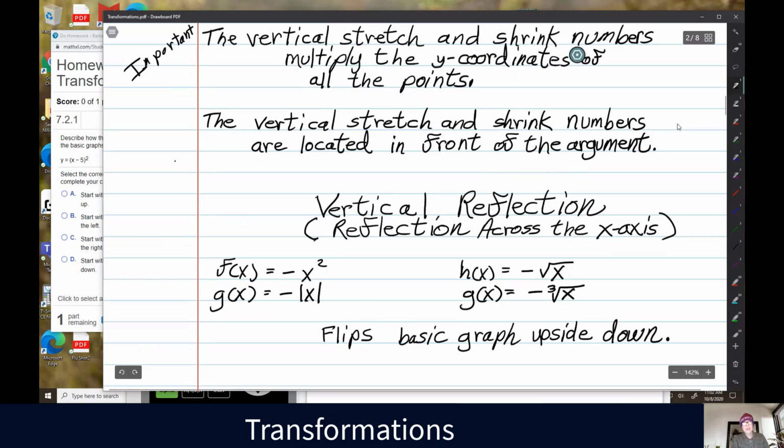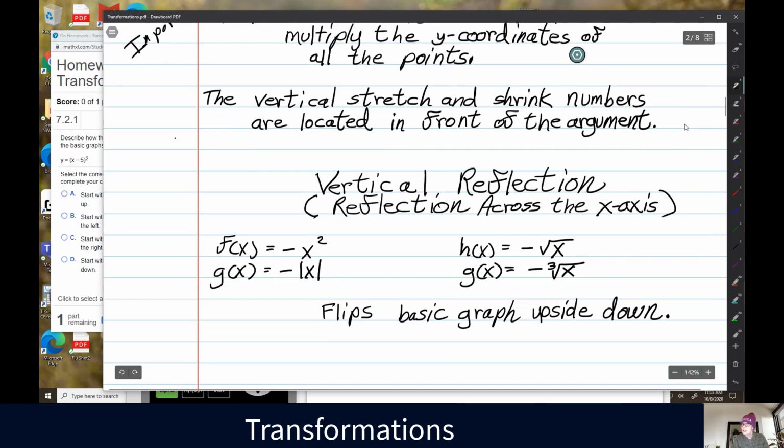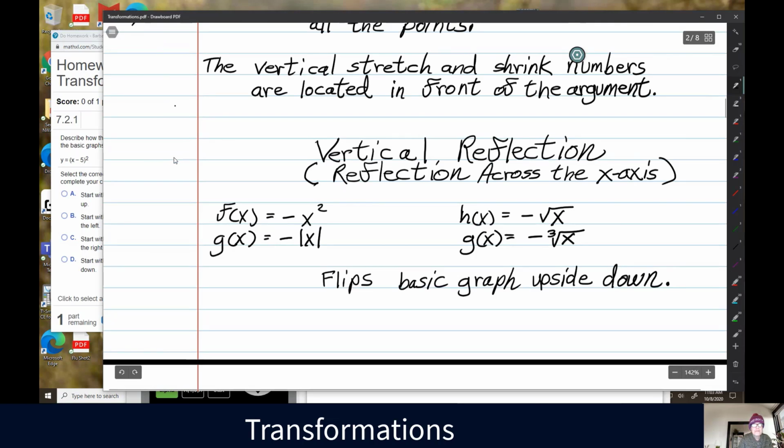Okay, now this to me is just great fun. The vertical reflection, which is also called a reflection across the x-axis, but what you're really doing is you're flipped upside down.